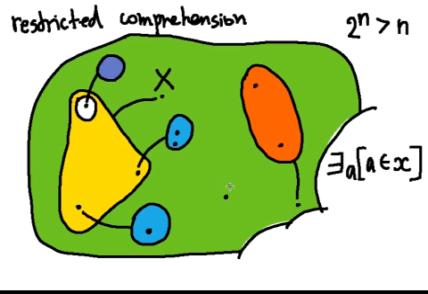But let's say they're not all empty sets. For example, let's say this one does have certain elements, then definitely it will satisfy the formula. I'm actually duplicating some of the colors, so now the colors no longer are uniquely assigned to sets.